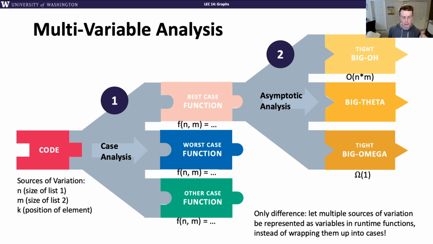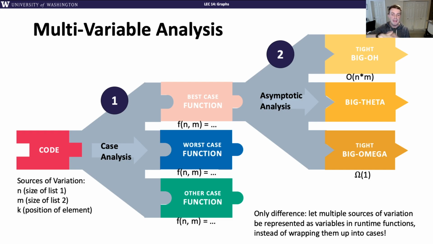We're not going to worry too much about this, but using our intuition of what big O means, it means it's going to be upper bounded by something like n times m. So as this is growing, this is how it scales. All we're really doing here is allowing multiple variables to determine our runtime. And again, if you have separate things that affect runtime other than just input size, you still use case analysis.